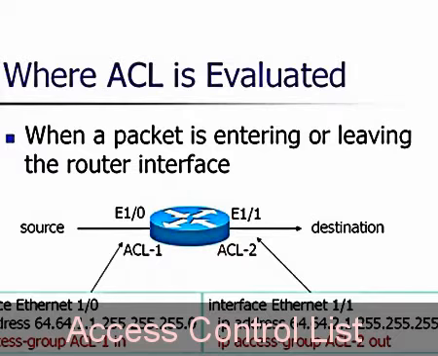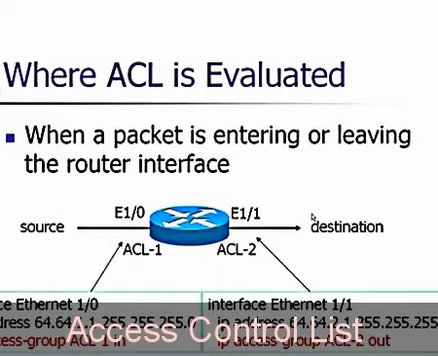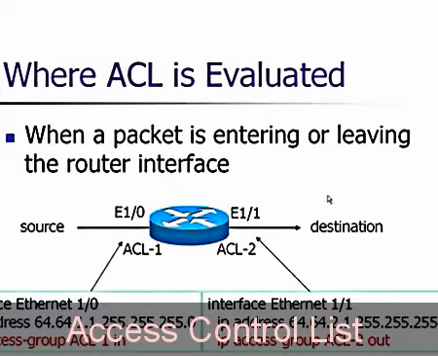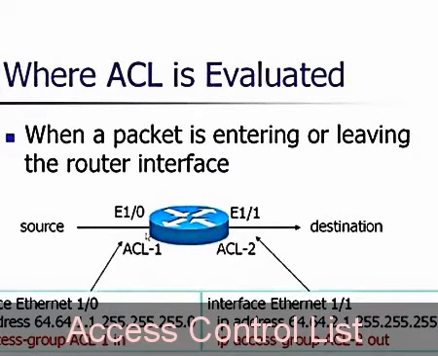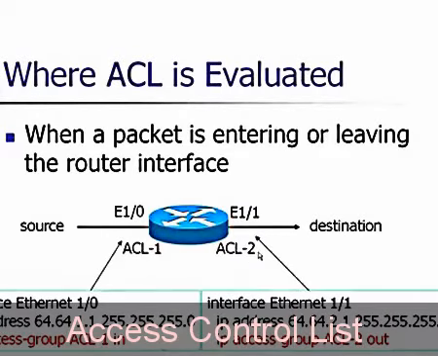Looking at this example, a packet travels through a router entering the router's Ethernet 1/0 interface, and it leaves the router through interface Ethernet 1/1. I can apply access list 1 to the incoming interface with this configuration shown on the left, and I can configure an access list to evaluate the outbound traffic with ACL-2.